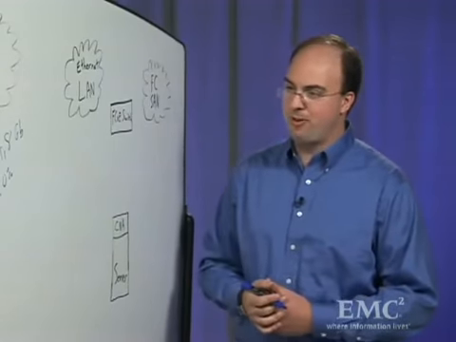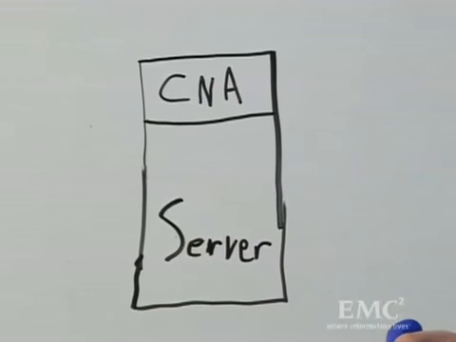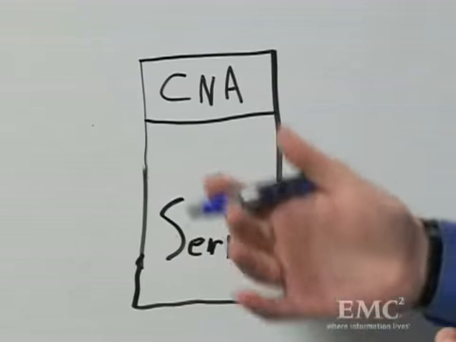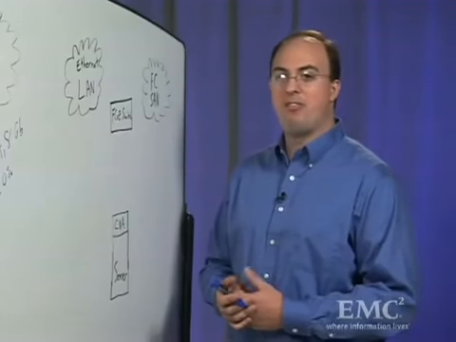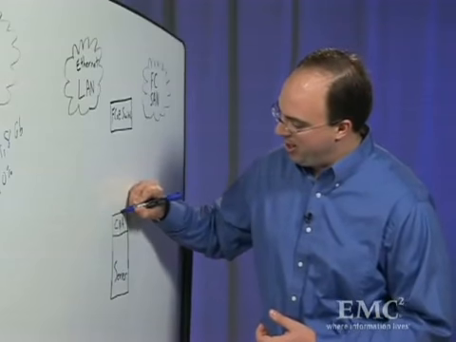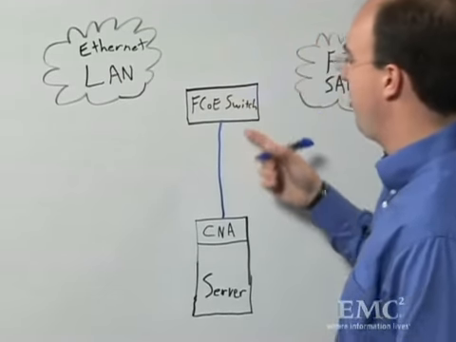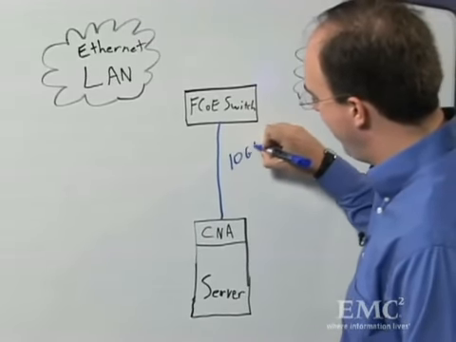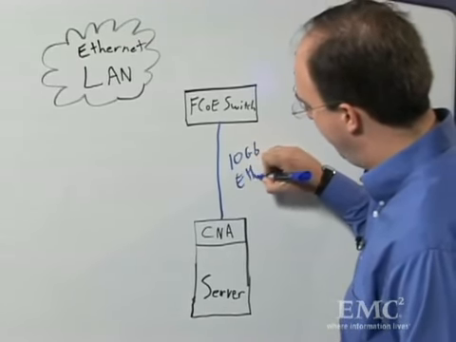You'll see in the server, we're replacing the NICs and host bus adapters with a converged network adapter, or CNA. This CNA card provides the function of both the NIC and the HBA. The CNA is then going to be attached to an FCoE switch. The link here is a 10 gigabit Ethernet connection.